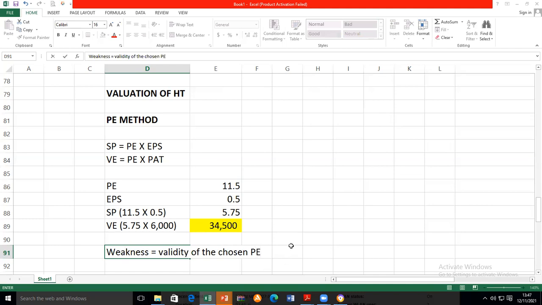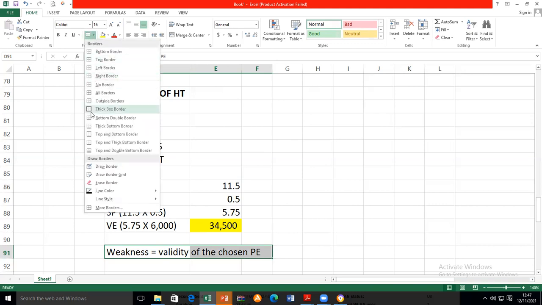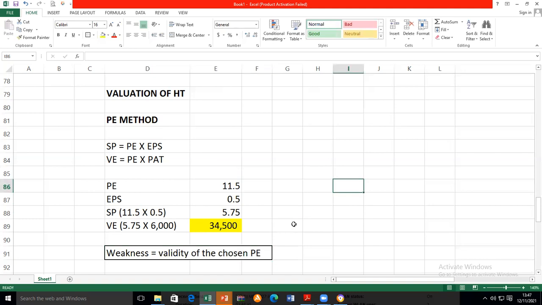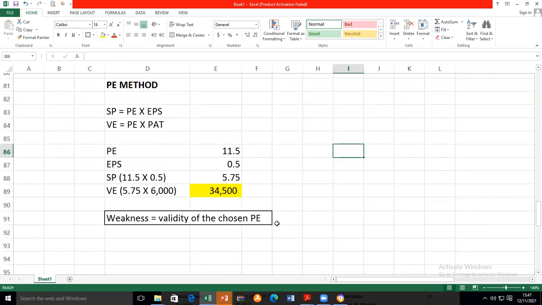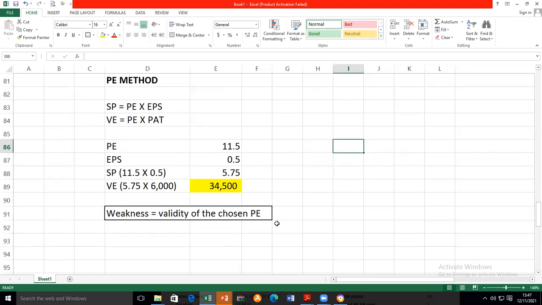Validity of the chosen PE. How valid is the PE that you have chosen? That's the challenge you have. This PE may not be very suitable. Is that okay?